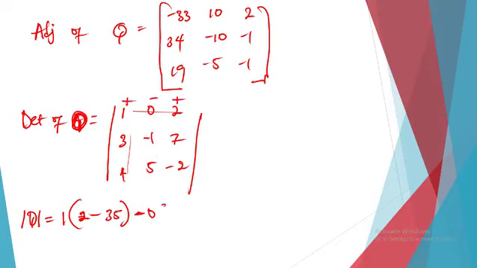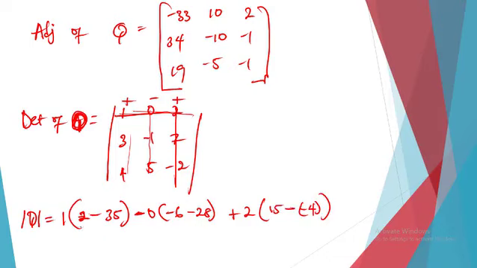Then minus 0 into, this will cancel this, 3 times 2, and then minus 7 times 4. So 3 times minus 2 will give us minus 6. Is that correct? And 7 times 4 will give us minus 28. Then plus, and the next number is 2 into, you eliminate this and this. We have 3 times 5, which is 15, minus 1 times 4, minus 4.